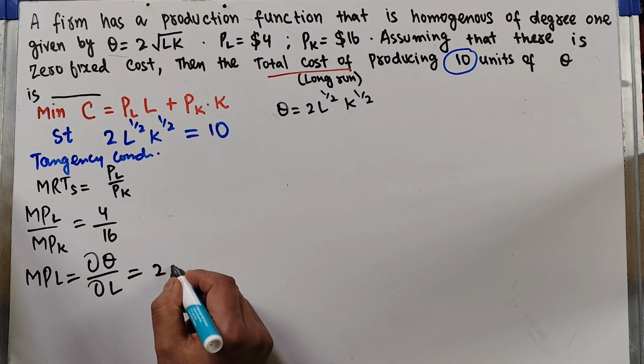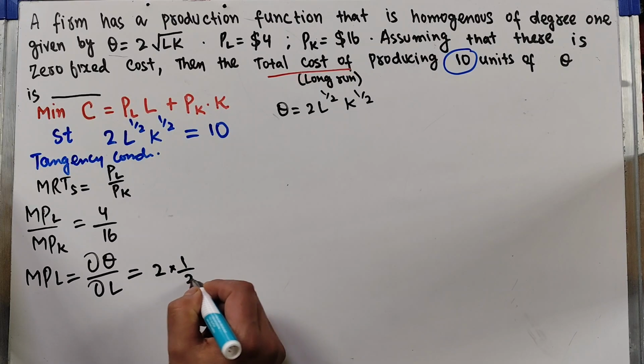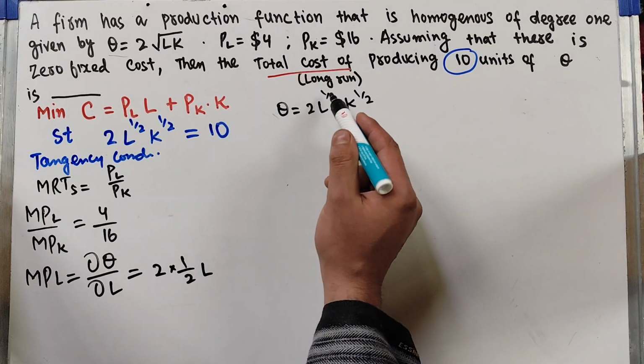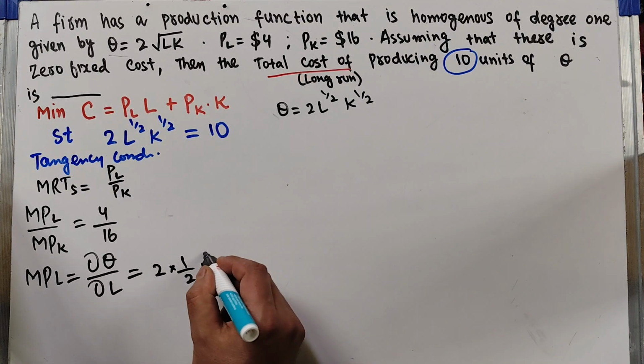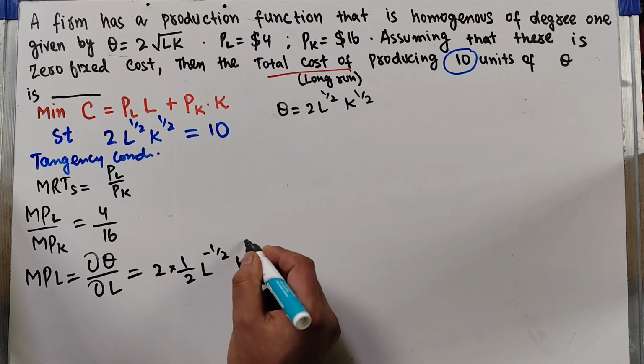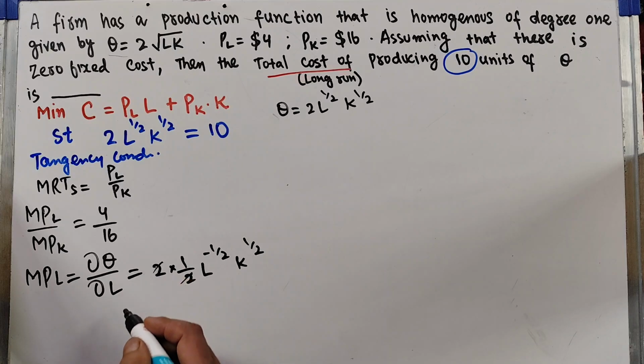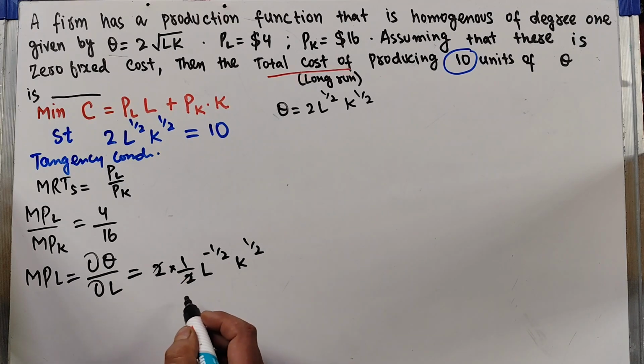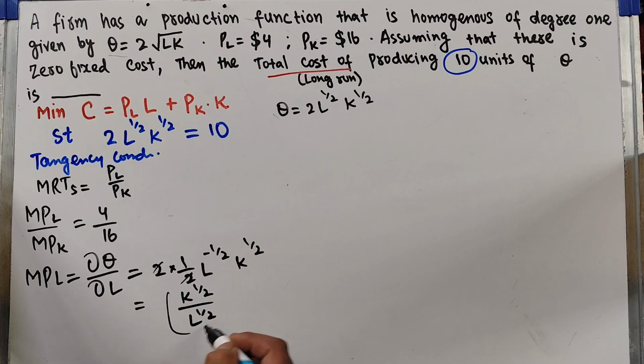So we have 2 into 1 upon 2 L raised to the power, when we subtract 1 from the exponent, minus 1 upon 2. Then we have K raised to the power 1 upon 2. The 2 and 2 get cancelled, so we get K raised to the power 1 upon 2 divided by L raised to the power 1 upon 2. This is the marginal product of labor.